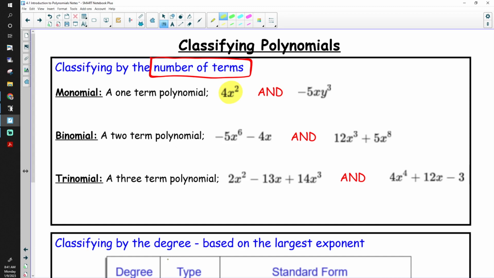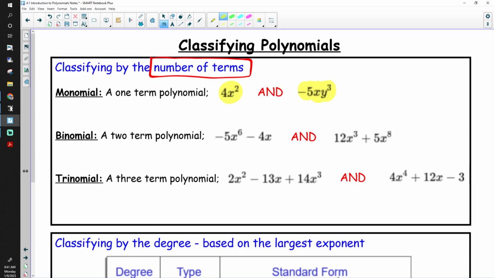Its specific type is called a monomial. Mono means one in Latin. Monomial means one term. Same with this, negative 5xy to the third. Even though it has two variables, it's one term. They're all touching. This polynomial is called a monomial. It has one term.